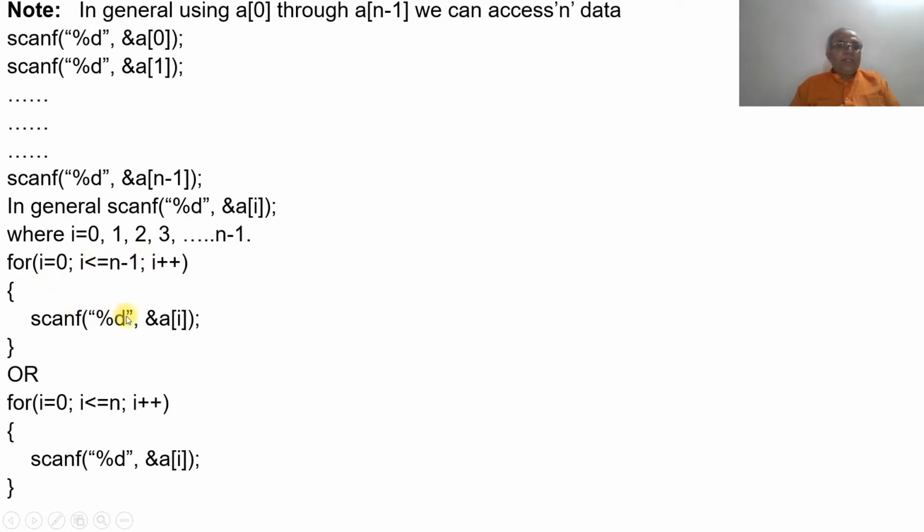So scanf("%d", &A[i]). Or you can also use for i equal to 0, i less than n, i++, then scanf("%d", &A[i]). So this is the general form of the scanf statement.